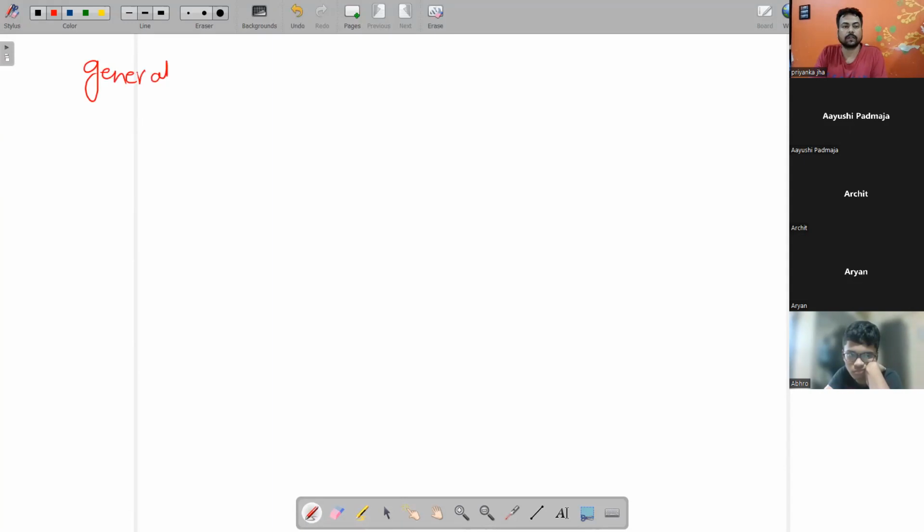General equation in two variable. This is a very important equation, and we'll be using it very much in coordinate geometry and everywhere in math.